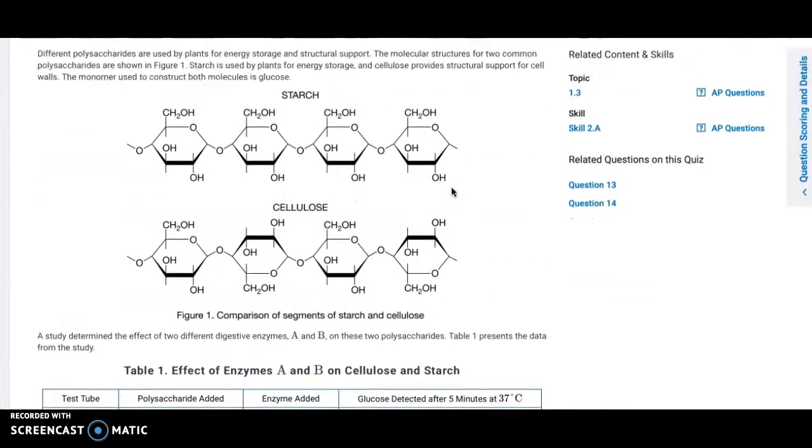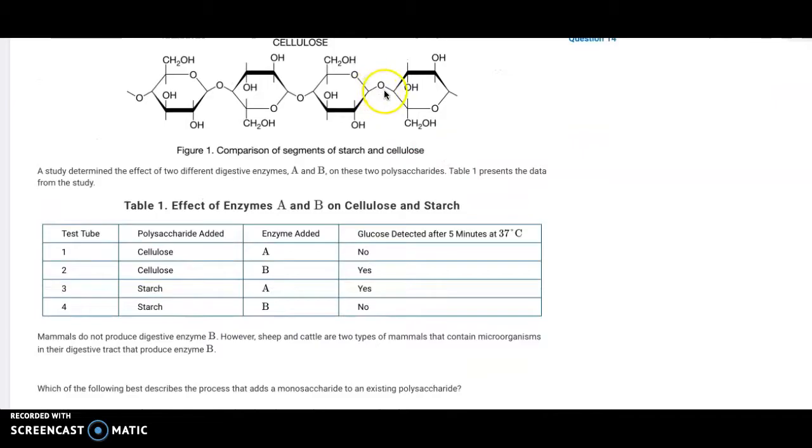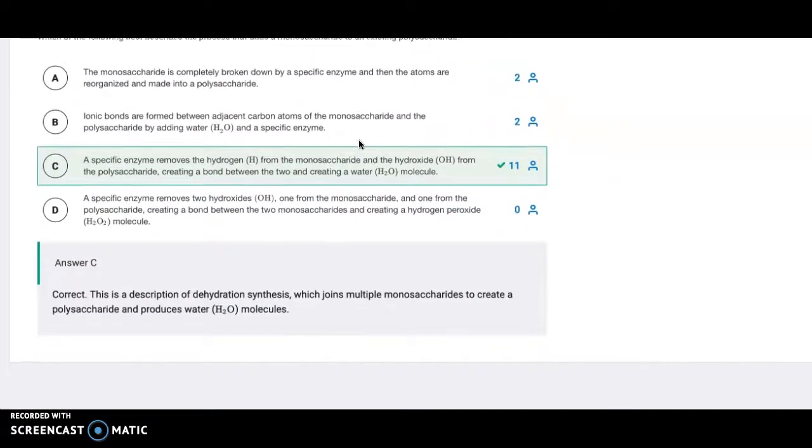To do that, we're going to have to remove a hydrogen and an OH group. There'll be a new monosaccharide that'll come in. An OH group will pop off of one end, it'll knock a hydrogen off the other end, and then that'll form a bond there between the oxygen, and that will release water.